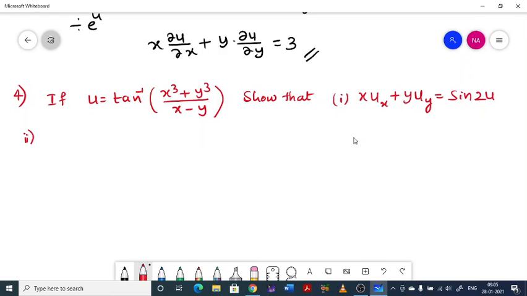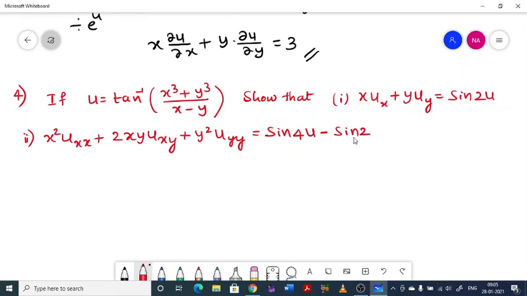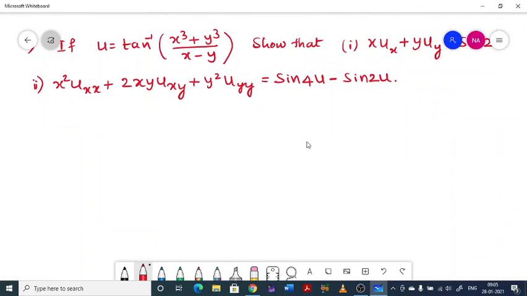Second statement, x square u double x plus 2xy uxy plus y square u double y equal to sin 4u minus sin 2u. So this is the problem statement. Let us prove this.